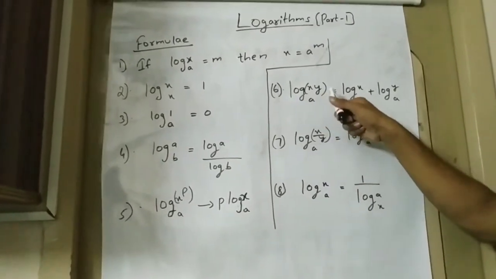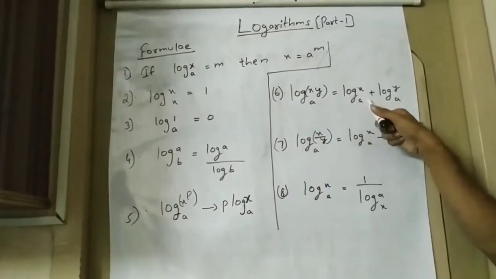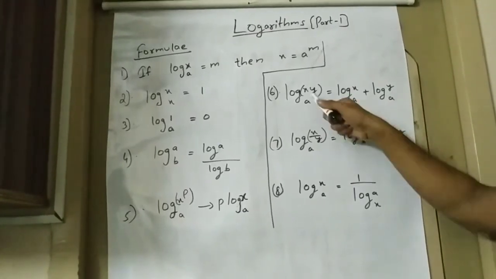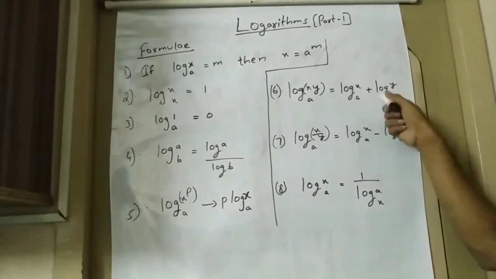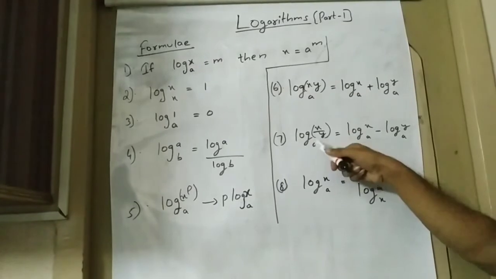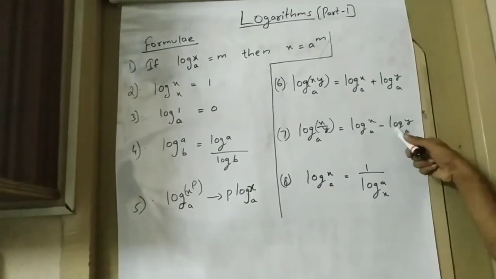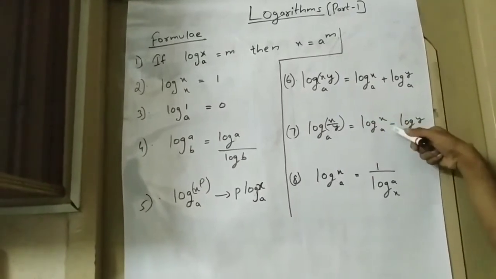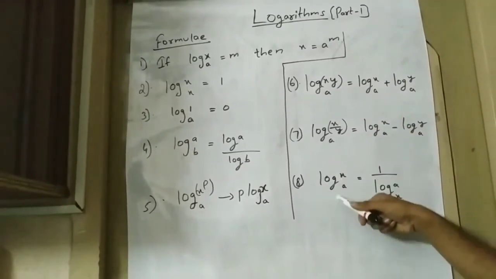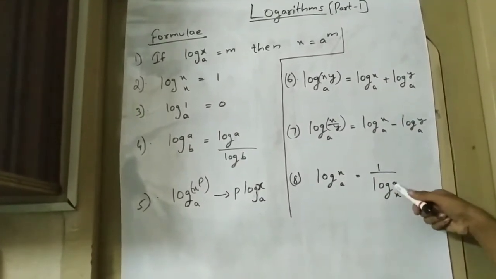Log xy base a is log x base a plus log y base a. Here the multiplication will become addition. Log x by y base a is log x base a minus log y base a. Here the division becomes subtraction, and log x base a is 1 by log a base x.